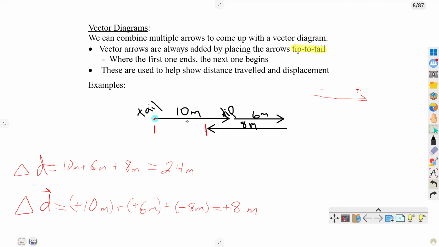So again, if we're using 1 centimeter equals 1 meter, this would be a total of 10 centimeters. The second arrow would be another 6 centimeters. And then we move 8 centimeters back that way. If you measure from here to here, we would see that this would be another 8 meters. So because we're 8 meters from the starting point right here, we would say that that is our positive 8 meters. Okay.